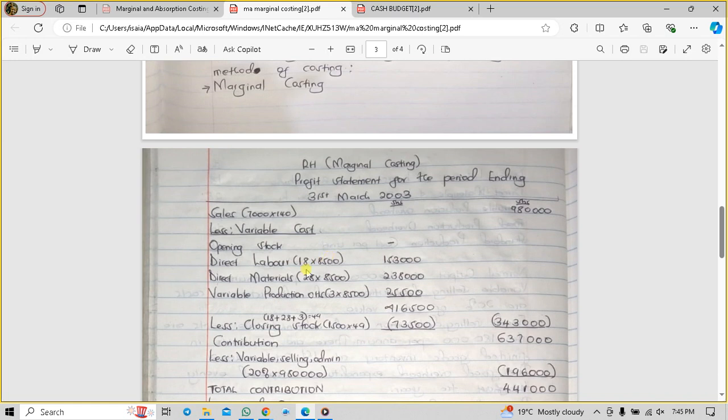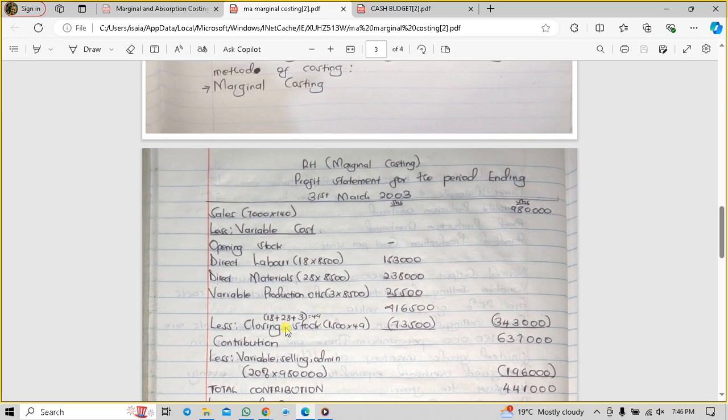Direct materials is 28 times the same 8500, that is the production. Then variable production overhead is 3 times 8500. Then you add. That means that the variable cost will be 416,500.